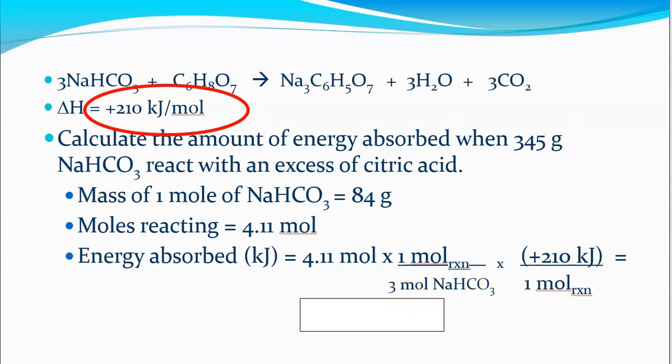And now if you look, you can see how guiding my way with these units, I can see how things cancel. Moles of sodium hydrogen carbonate cancel moles of sodium hydrogen carbonate. Mole of reaction cancels mole of reaction. The unit that's left is kilojoules. That is an amount of energy.